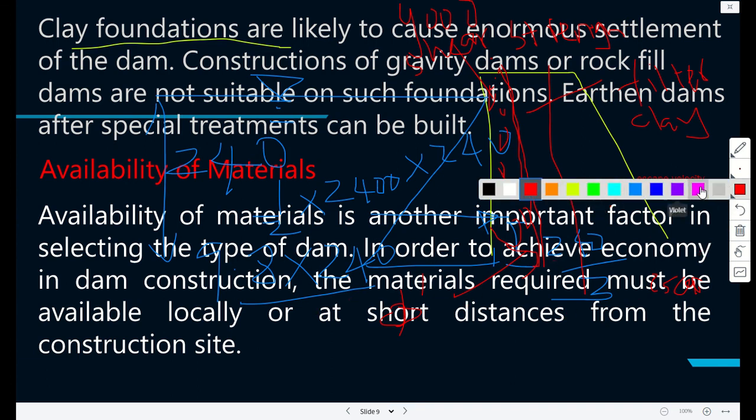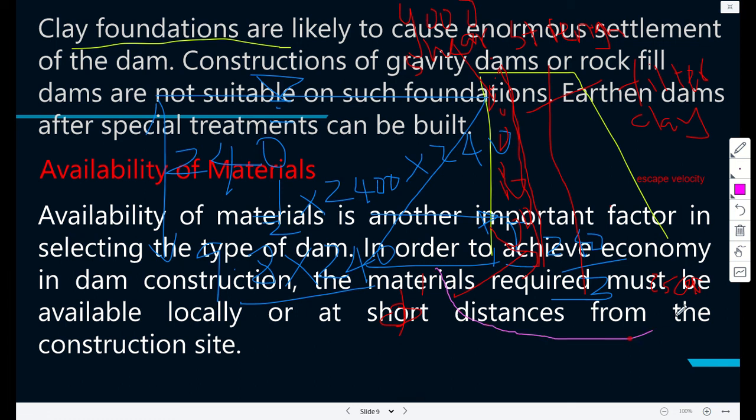So there will be some bits that will escape. Because of the very high head, when the water flows here, it will exit at very high velocity, and that might tend to erode. So again, this part also needs material of good shear strength.